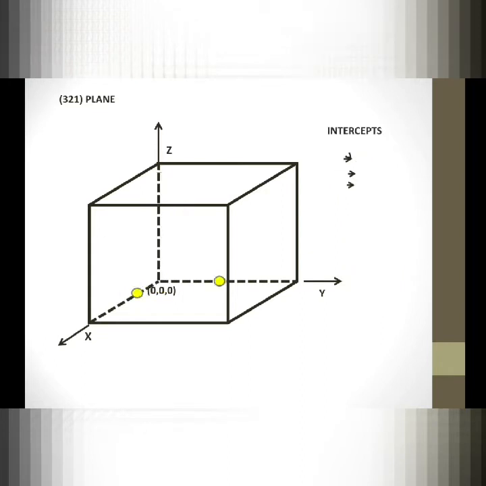Take another example where x is equal to 1 by 3, y is equal to 1 by 2 and z is equal to 1. These are the intercepts.